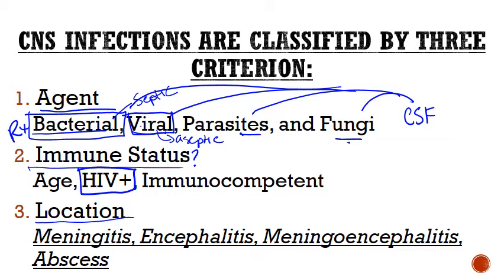And HIV is actually a huge risk factor for some of these fungal and parasitic infections, although those can occur in immunocompetent individuals as well. And the other thing is age, right? Because for our very young patients and our somewhat older patients, that also plays a role in their immune status.